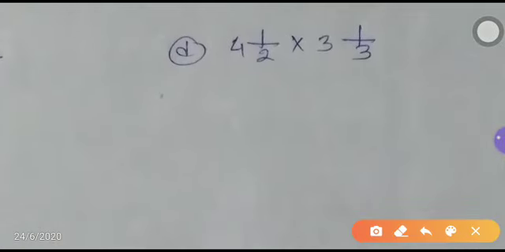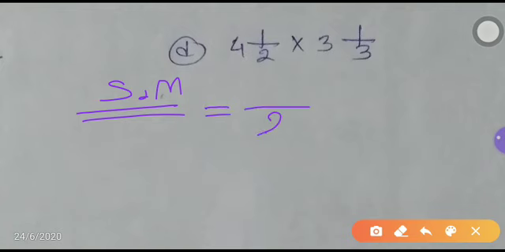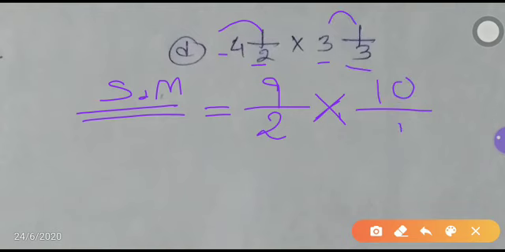Next D number, you see here, multiplication of mixed fractions. So first step, we have to convert them into improper fractions. Equal to, denominator is 2, 4 2s are 8 and 8 plus 1 is 9, into 3 3s are 9, 9 plus 1 is 10 and denominator is 3. So next we see if any common factor is there or not.